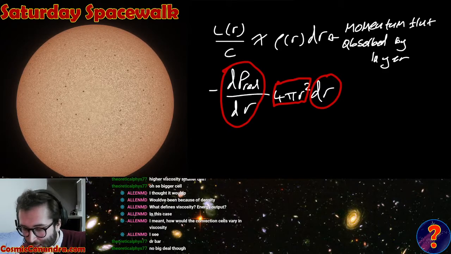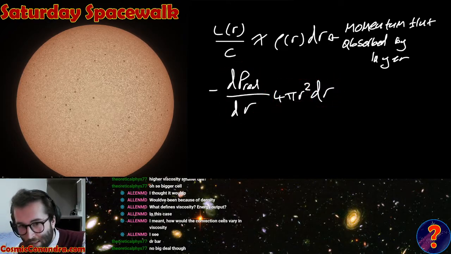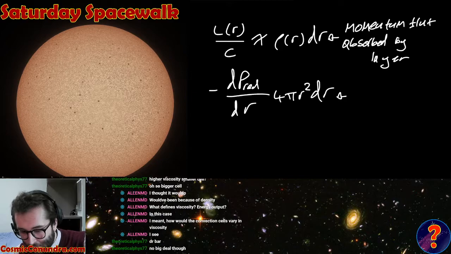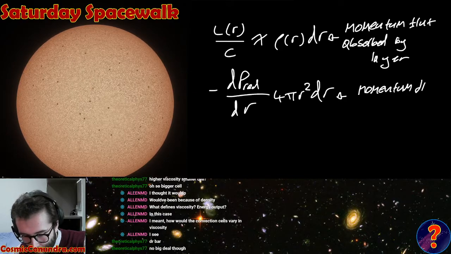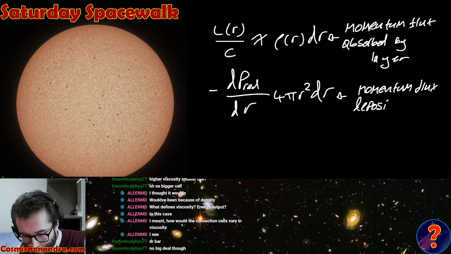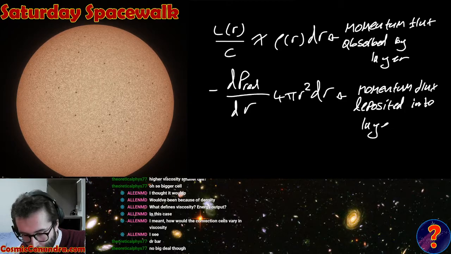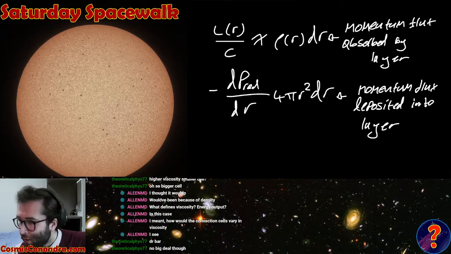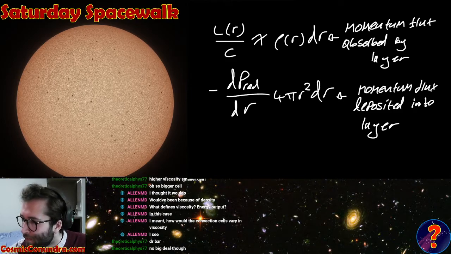Okay, so this is giving us the momentum flux that is being deposited into the layer. And we're equating these things. Equating these things is just a statement of conservation of momentum flux.